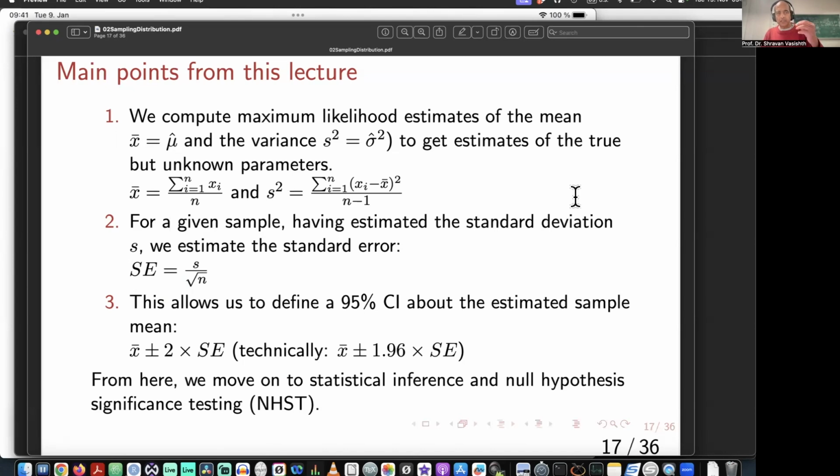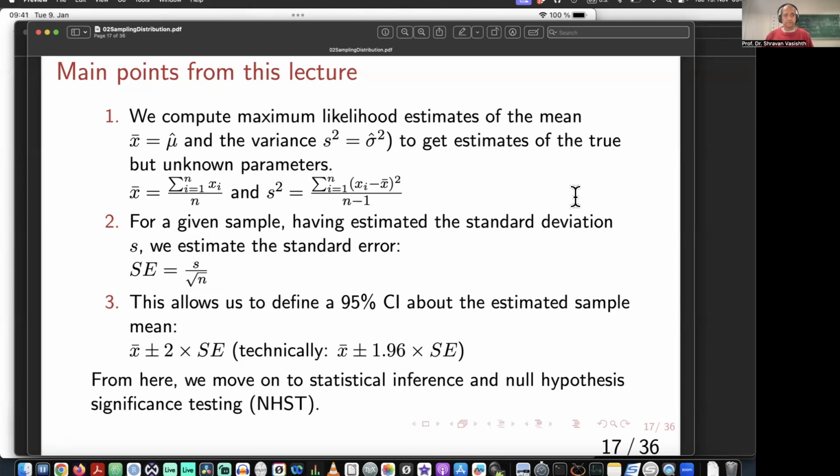And so once we compute the X bar and the S squared, the sample mean and the sample variance, we can now describe the sampling distribution of the means under hypothetical repeated sampling. We do that by computing the sample mean and computing the estimated standard error. That's step 2 over there.